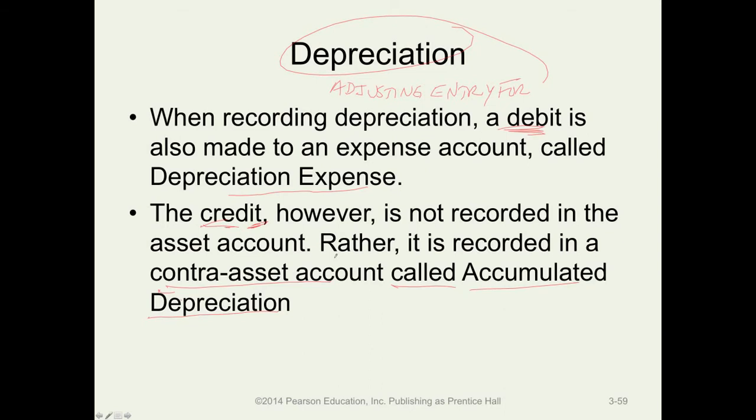So the way this would look is that you're going to have an asset, property, plant, and equipment, or a plant asset. And that's going to have a debit balance. That asset is reduced by an accumulated depreciation account, which will have a credit balance. And of course, the expense is to depreciation expense.